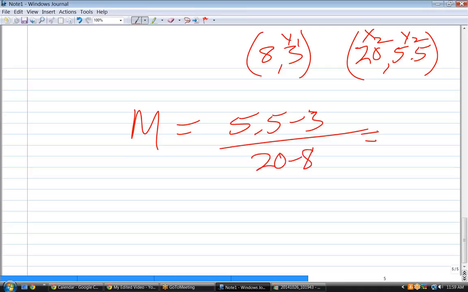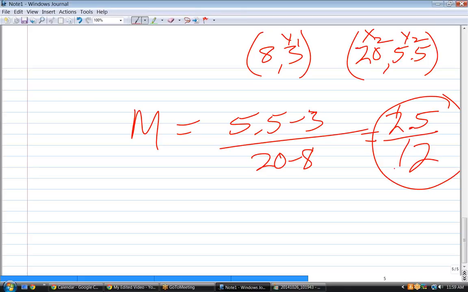What's that answer? 5.5 minus 3 is going to be what? 2.5. Okay, 2.5 divided by 12. What is that slope? So 2.5 divided by 12.